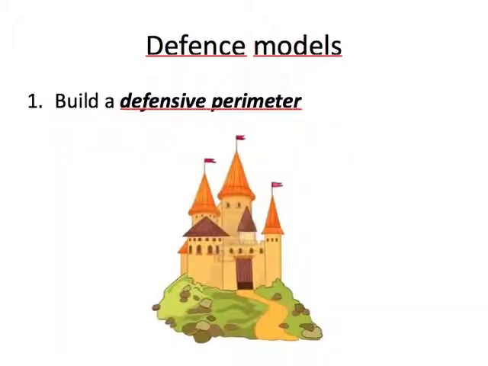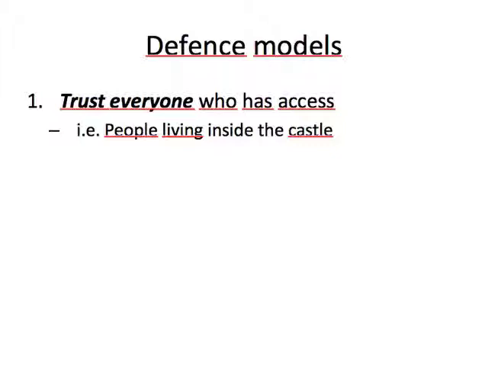You can think of this as a castle that you build. You have lots and lots of money, so you build a castle with walls and moats and so on on top of your data. And then you trust everyone who lives inside your castle that they will not steal anything and they are basically good people.